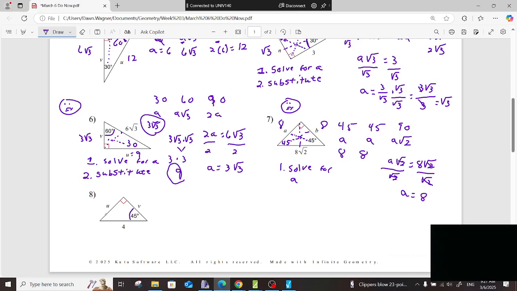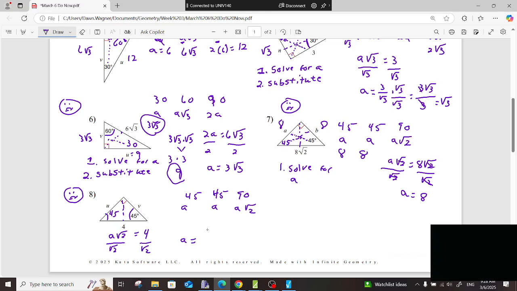Okay, so this is 45. What's this over here? 45. And again, this is a 45, 45, 90, which we said was a square root 2. And I'm given across from where? Across from the 90. Is that the smallest angle? No. So what do I have to do? I have an extra step. I can't just substitute. So a square root 2 equals 4, right? I divide by square root 2.